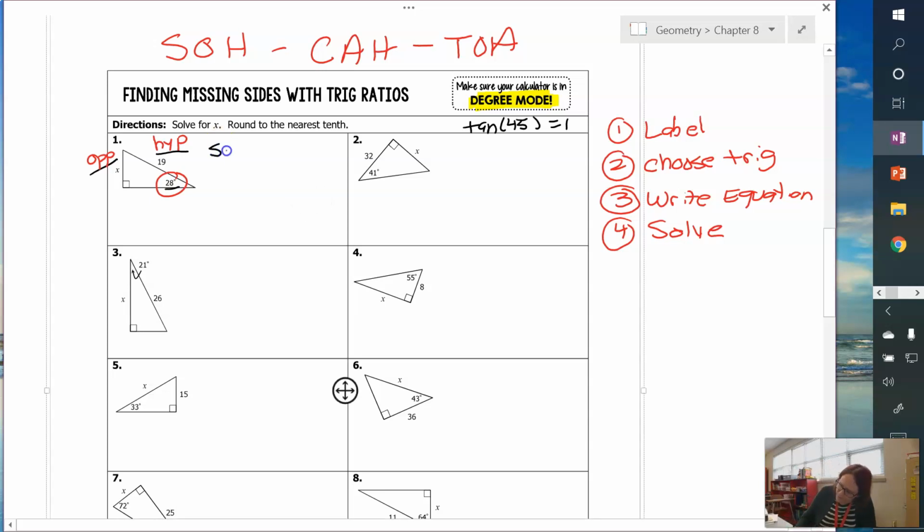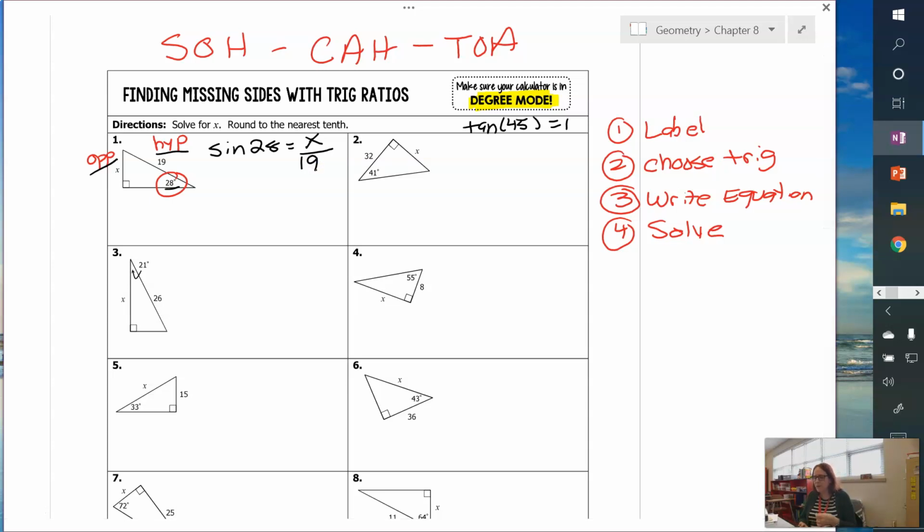So I'm going to say that the sine of 28 equals, your opposite is x, your hypotenuse is 19. So I chose my trig, I've written my equation. Now all I have to do is solve for x. Multiply both sides by 19, and I'm going to get x equals 19 times the sine of 28.